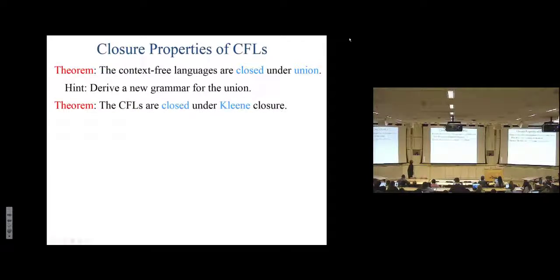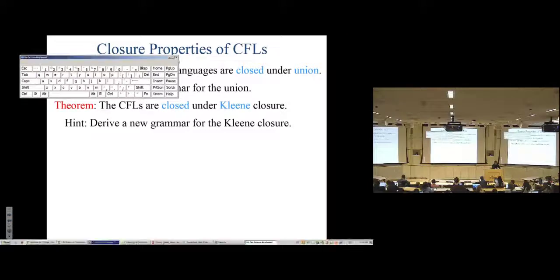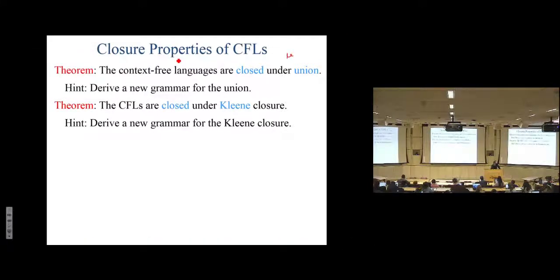The context-free languages are closed under Kleene closure, under Kleene star. Why is that? You can basically derive another grammar for it, right? So you have some start symbol that goes to somewhere, and now there's a whole bunch of other rules, and that's the old grammar, right?